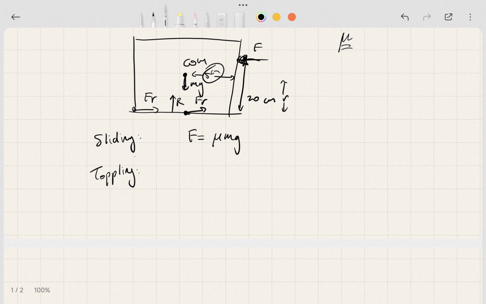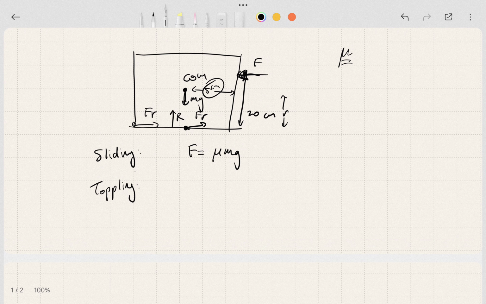So let's reverse engineer the problem. If it's 5 centimeters as such, the torque force must be perpendicular to that.